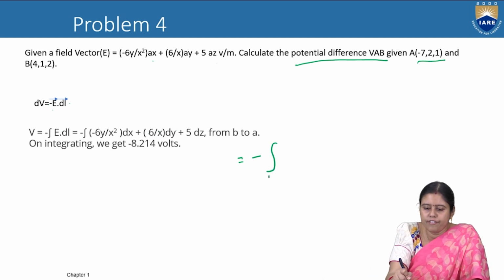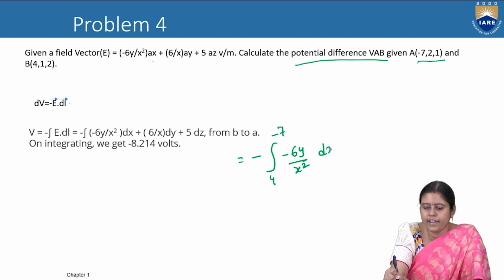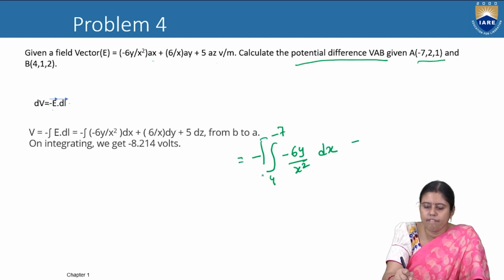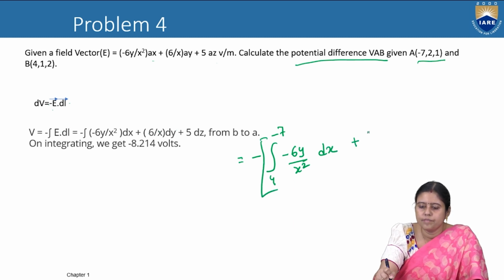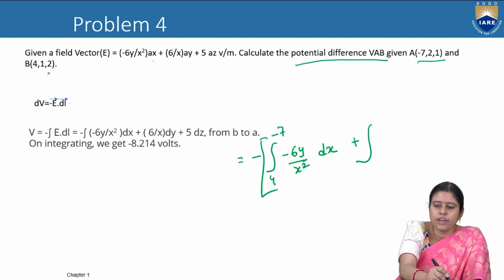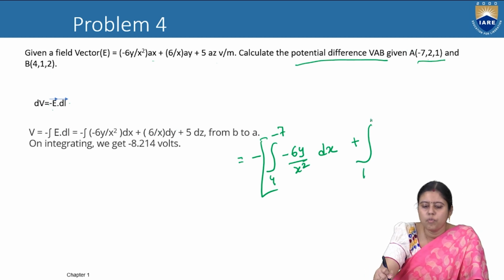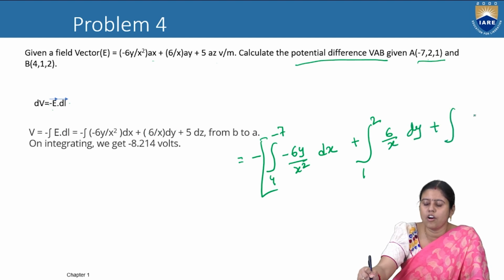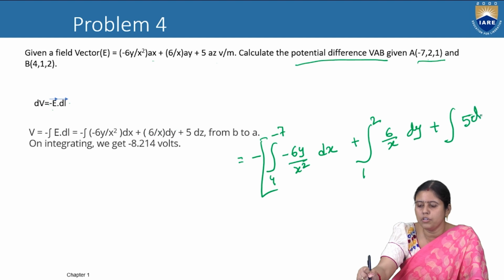4 to minus 7, minus 6y by x square dx, plus again B to A, 1 to 2, 6 by x dy, plus integration of 5 z dz.